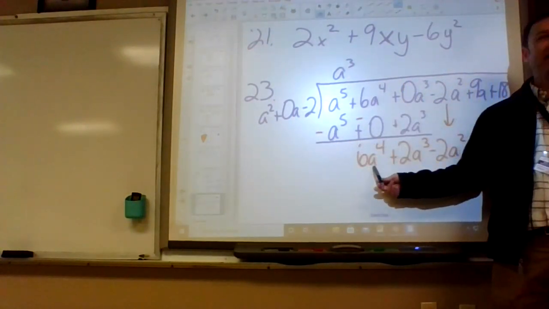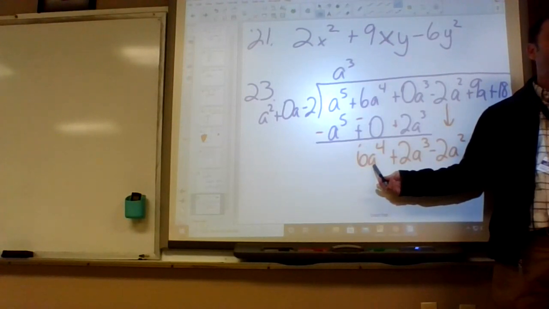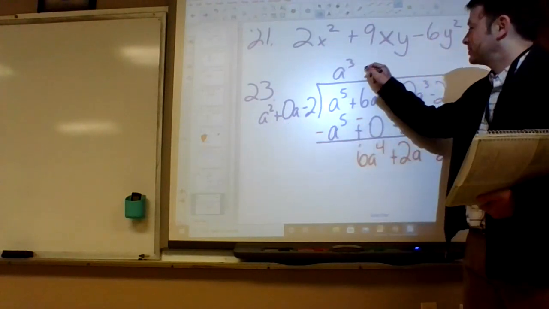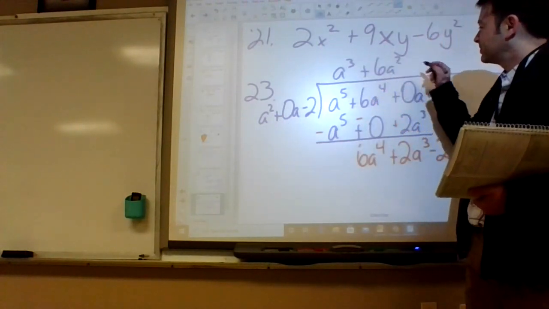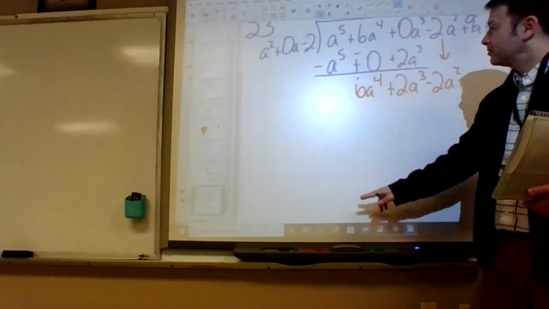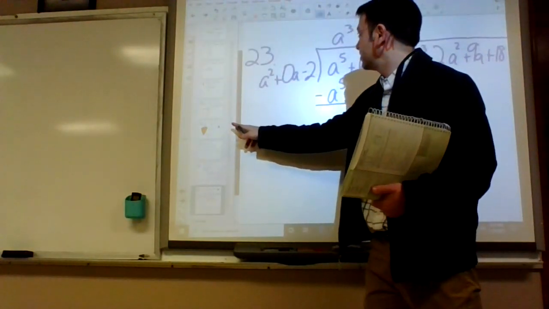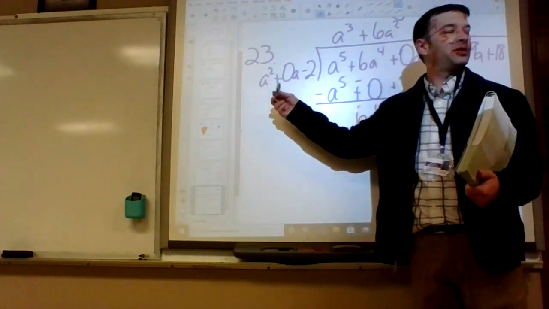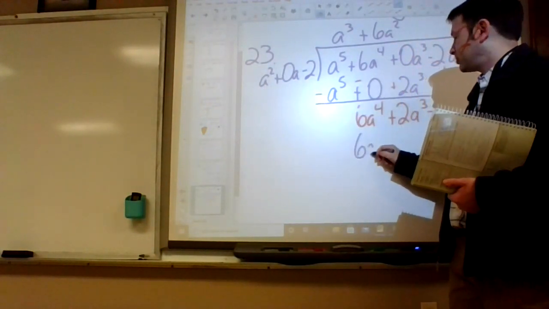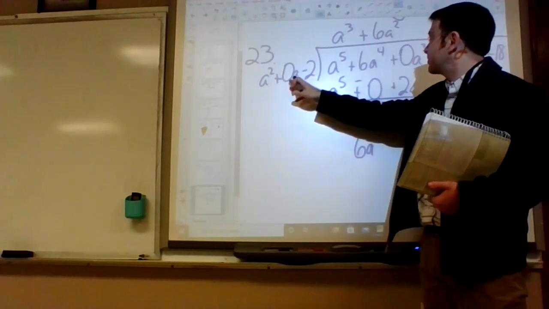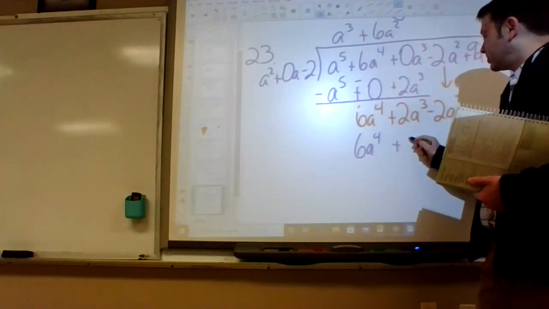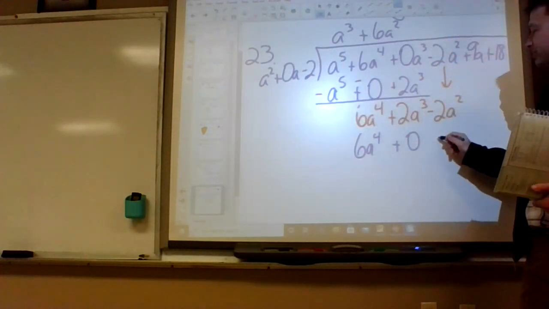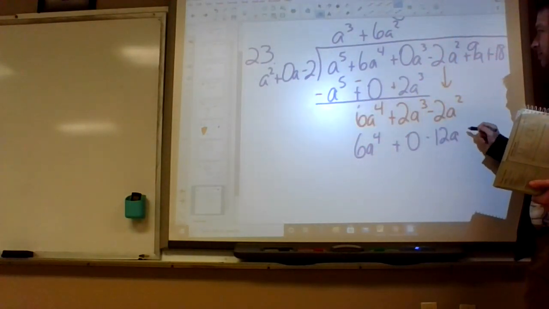And the a squared. A squared times what equals 6a to the fourth? Well, yeah, 6a squared. So that's the next one. Am I gonna have room to see it all? 6a squared times a squared is 6a to the fourth. And we can pick up the pace. 6a squared times 0 is just gonna be 0. 6a squared times minus 2 is minus 12a squared.